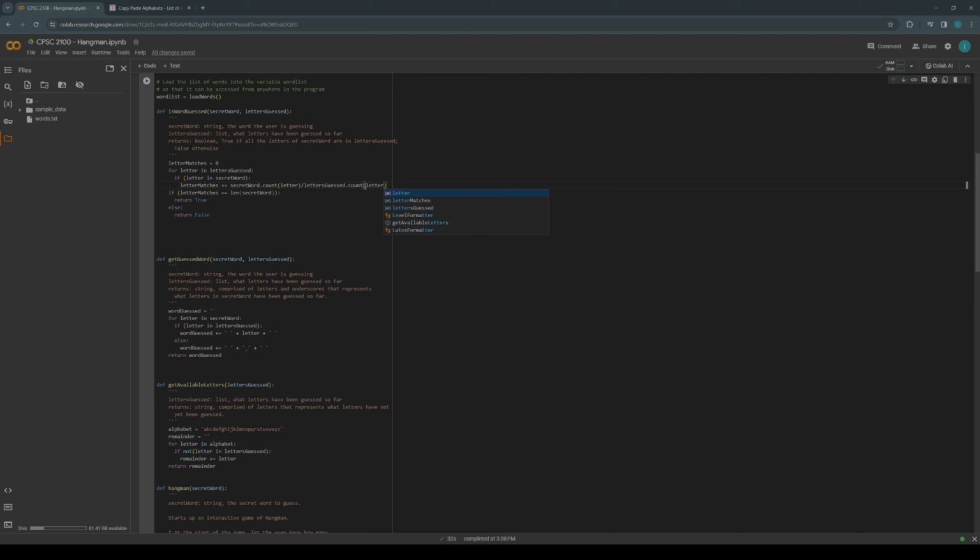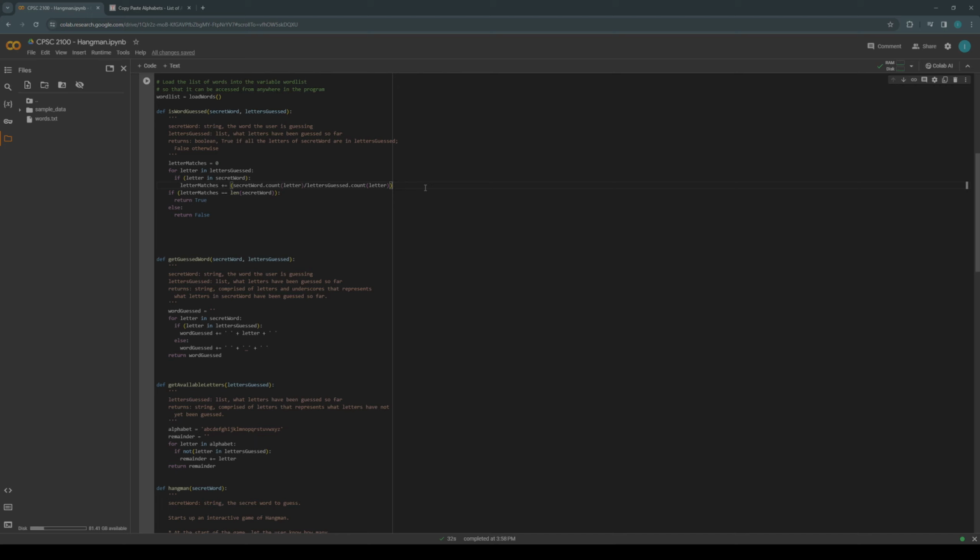And just to be safe, I'll go ahead and put this in parentheses. You would want to do this, to my understanding, if you are appending a letter to your list that you've already guessed before, which I am not doing, so I feel like I don't need this. But if your code is appending the letter no matter what, whether it's a false guess, a true guess, or a guess you've already guessed, then you probably want to add this division.